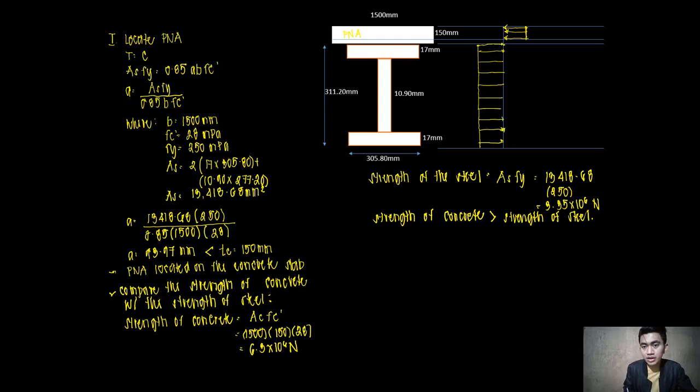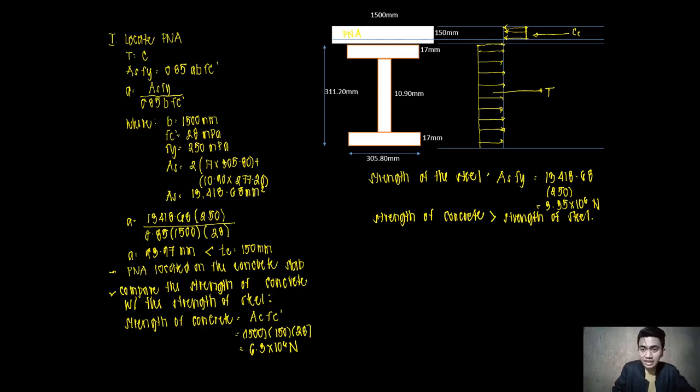Our compressive force, let us denote it here as C sub C, which is the compressive force due to the concrete. And then this part now is the tensile force due to the steel section.